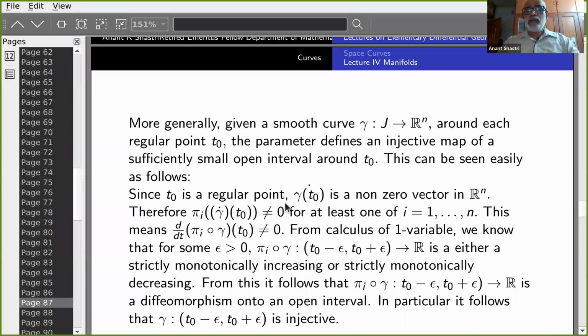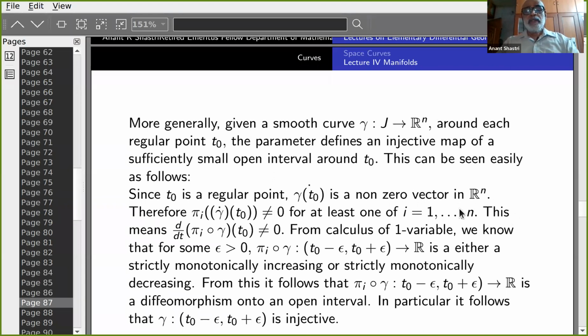t0 is a regular point. It just means that gamma dot of t0 is a non-zero vector in R^n. If a vector is not zero, one of its coordinate functions must be not zero, at least one of them. Let us say the ith coordinate, whichever one.